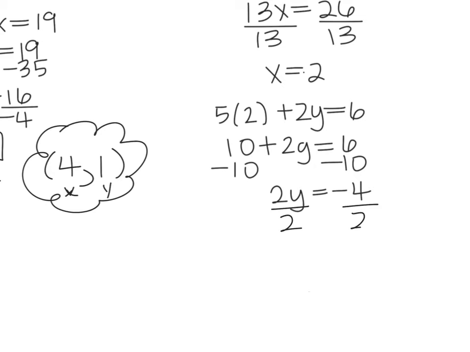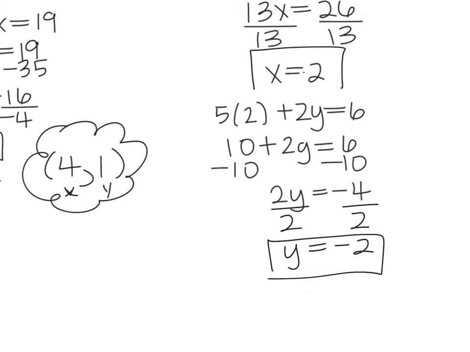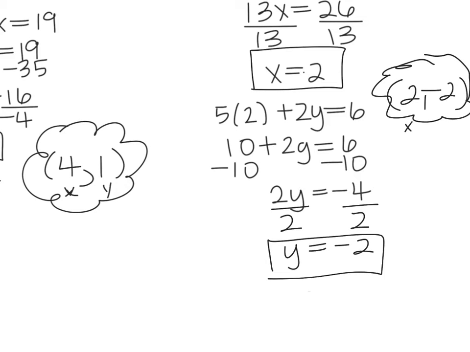Divide both sides by 2, and we end up with y equals -2. So similarly, you can leave your answer as x equals 2, y equals -2, or if you write it as a point, you get (2, -2). Again, written as (x, y).